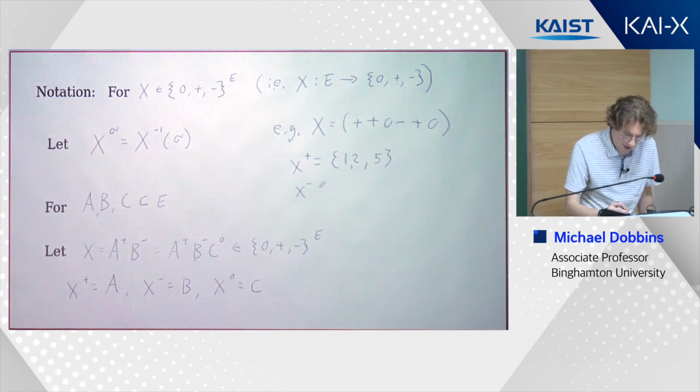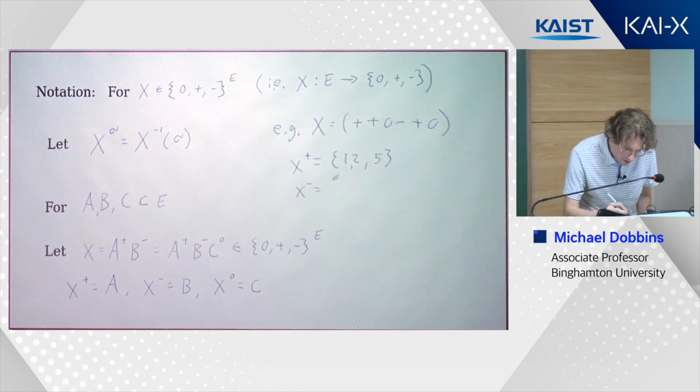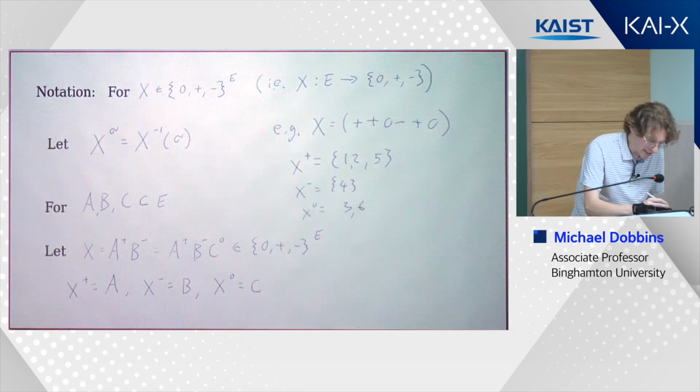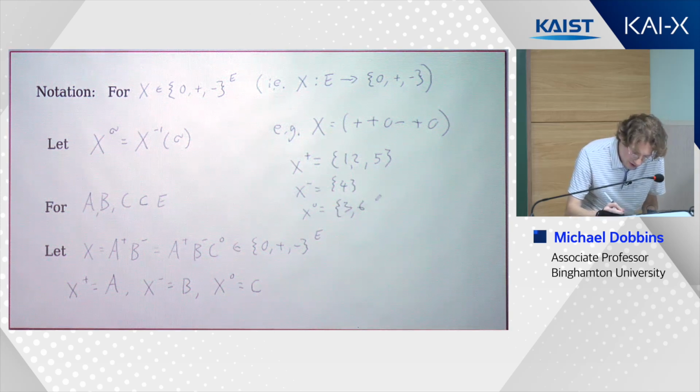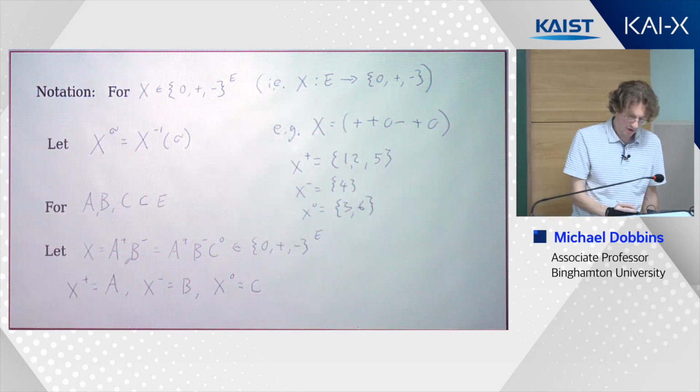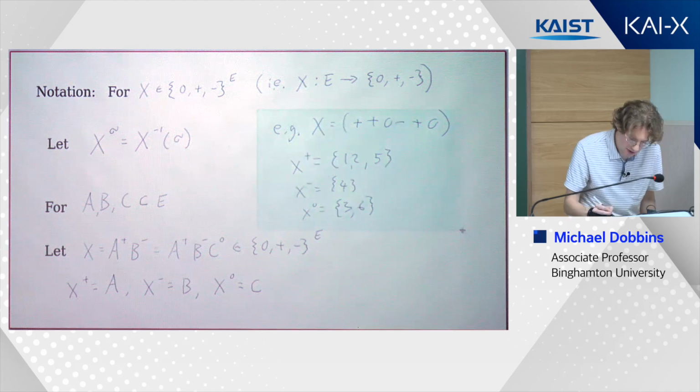And then x minus, I'll write that as just 4. And x0 will just be 3 and 6. And then alternatively, I can give some sets and then write a sign vector by writing a plus or a minus above with those sets.